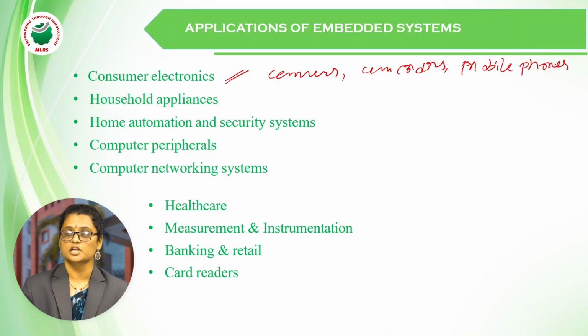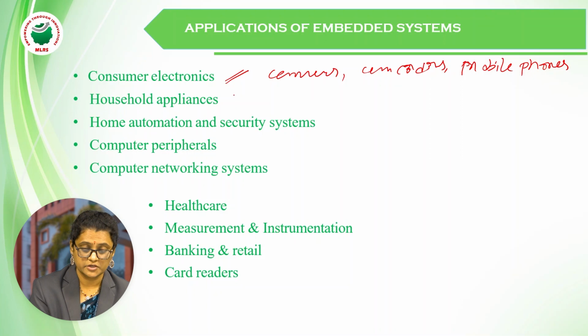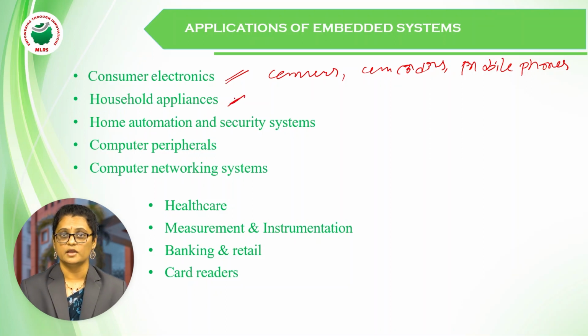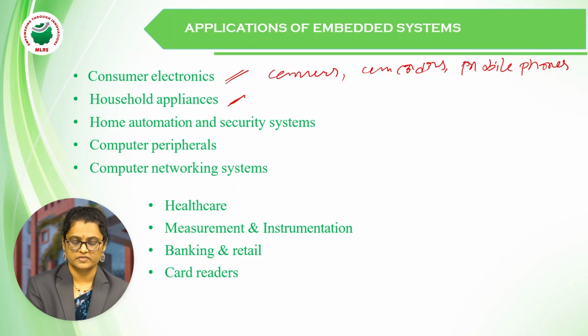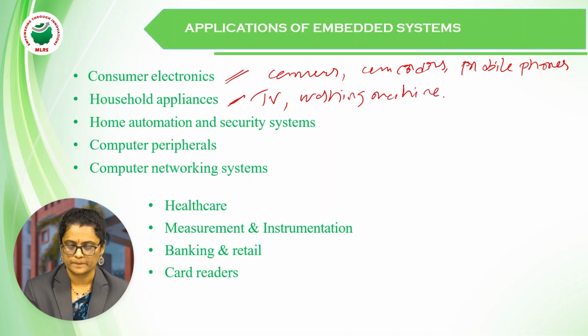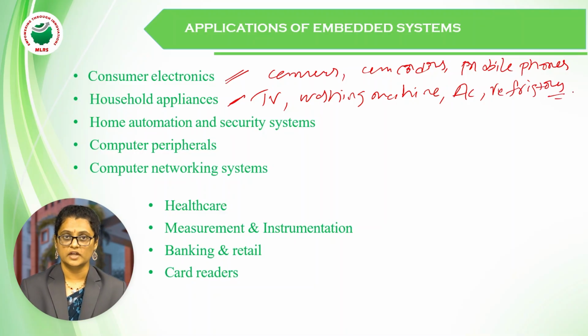The second one is household appliances. In our daily use, we use many embedded applications: TV, washing machine, ACs, refrigerators. These are the examples of household appliances.